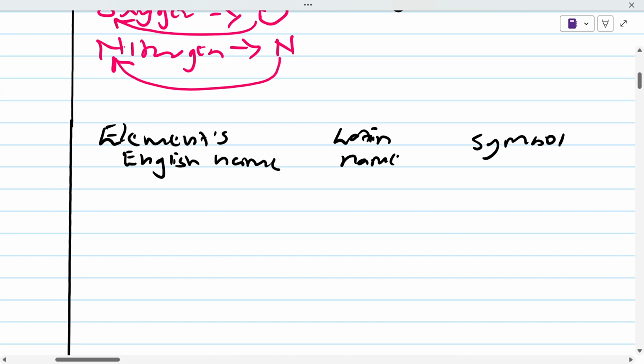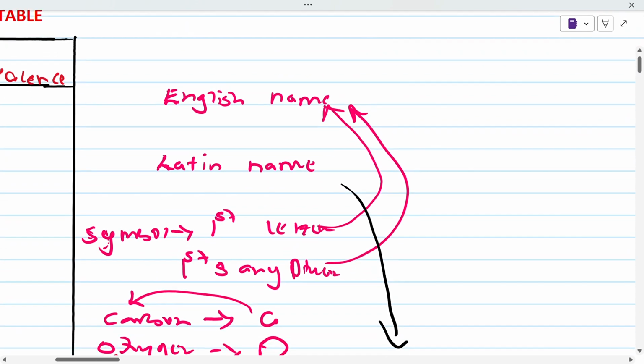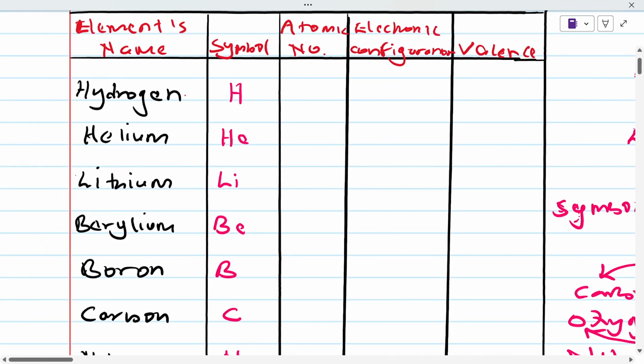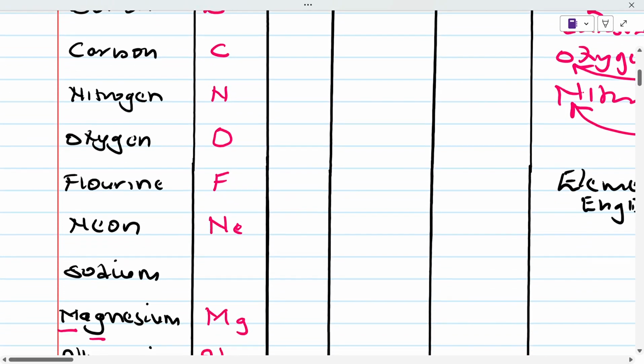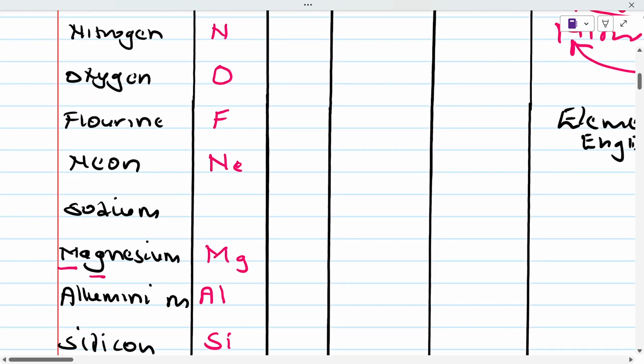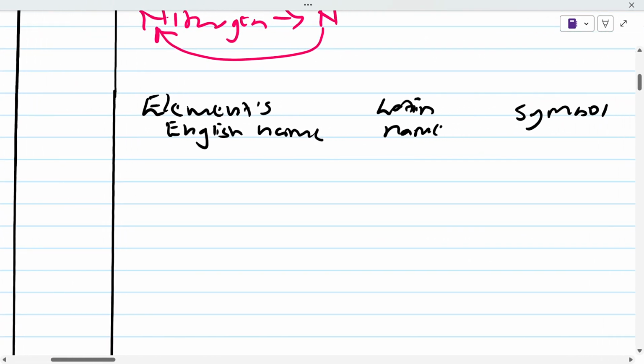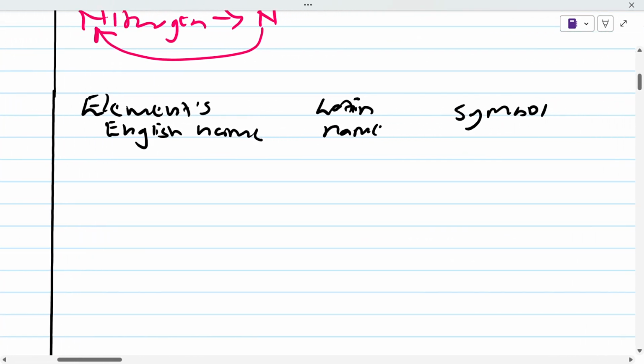For example, a certain elements I skipped, and the first element I skipped was sodium. And the next one was potassium. So the English name is sodium.